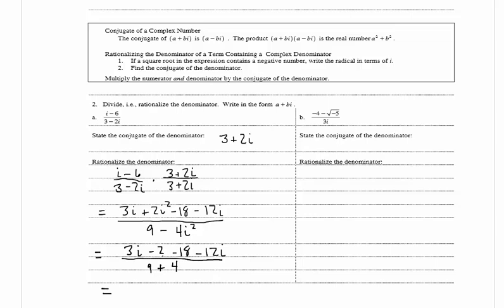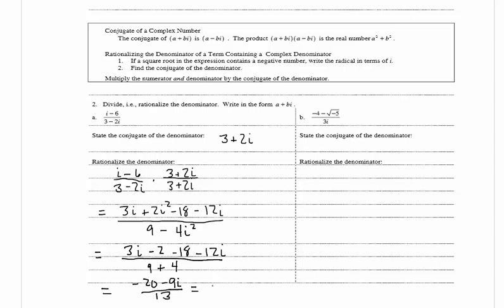And when we combine our like terms in the numerator, we have negative 2 minus 18 is negative 20. And then we have 3i minus 12i is minus 9i divided by 13.